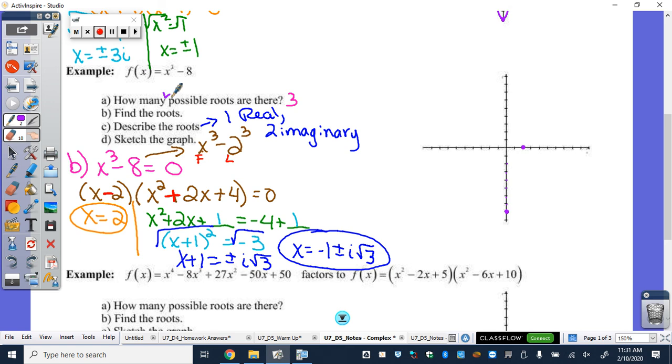Because it's a positive leading coefficient in an odd degree, that means the left side should be coming from the bottom. Right side should be going up. And because it's a degree of 3, you don't want to make it look like a straight line. You want to have kind of a little curve to it. So I kind of curve it around the y-intercept there so that I can connect up to my root of 2.